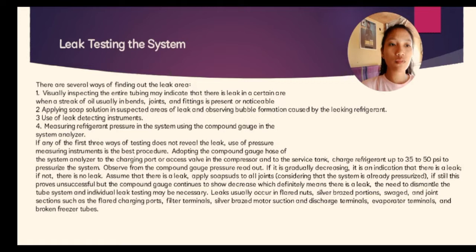If this proves unsuccessful but the compound gauge continues to decrease, it definitely means there is a leak. The need to dismantle the tube system and do individual leak testing may be necessary.